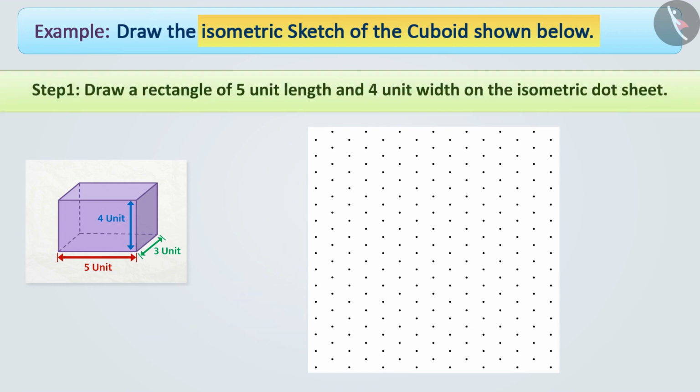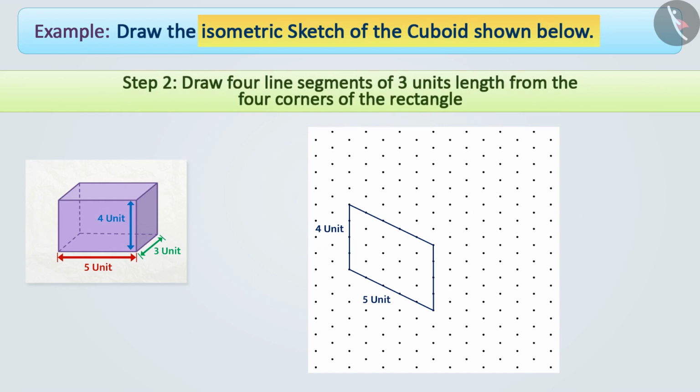Step 1. First of all, we will draw a rectangle of 5 unit length and 4 unit width on the isometric dot sheet. Step 2. Draw 4 line segments of 3 units length from the 4 corners of the rectangle in this way.